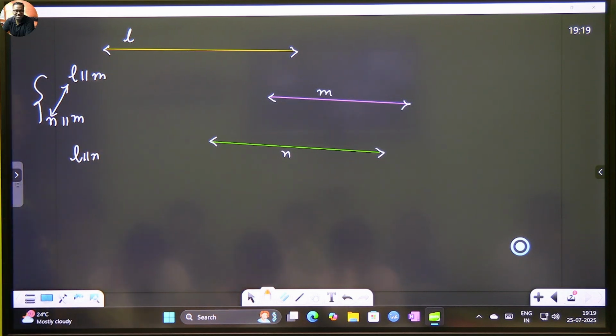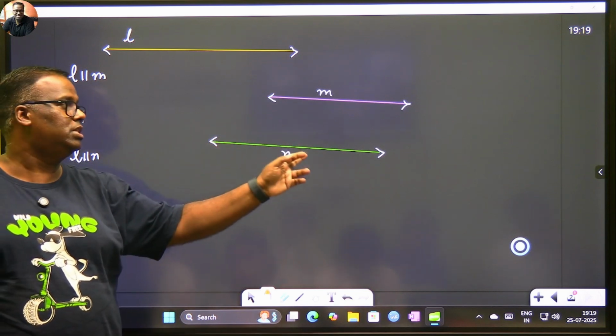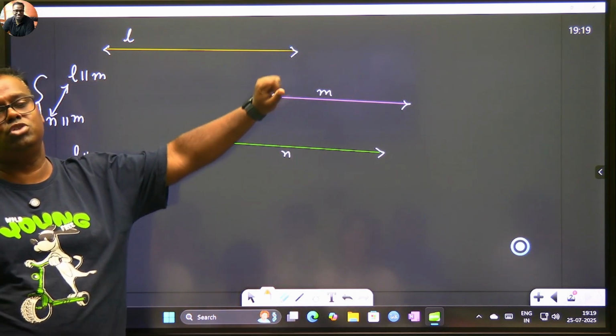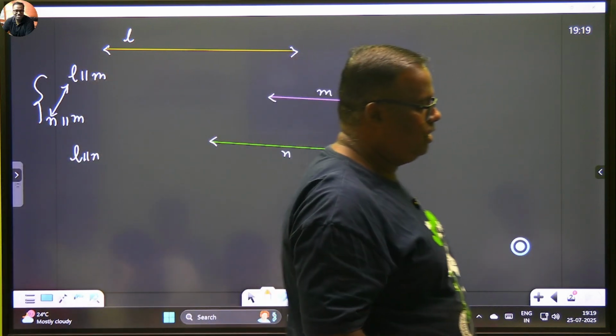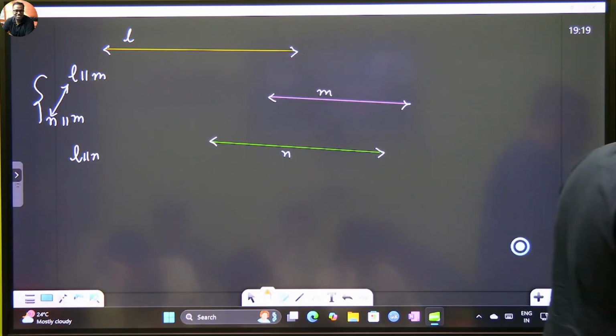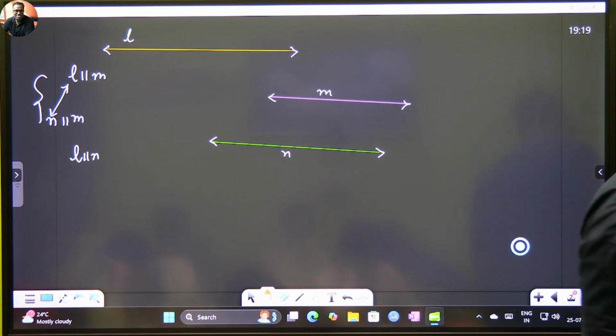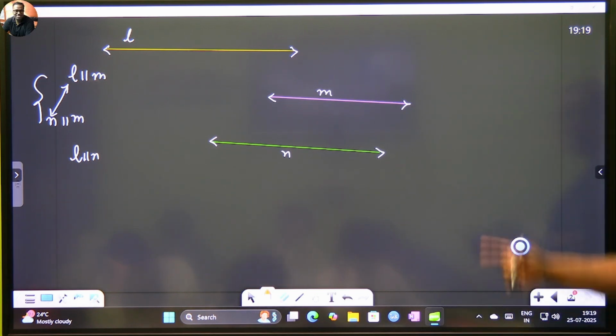Obviously. Don't you think so? If this line is parallel to this line, and if this line is parallel to this line, these two lines are mutually parallel to each other. So if two lines are individually parallel to a third line, it is not necessary that the third line has to be in between them, it can be anywhere in the universe.